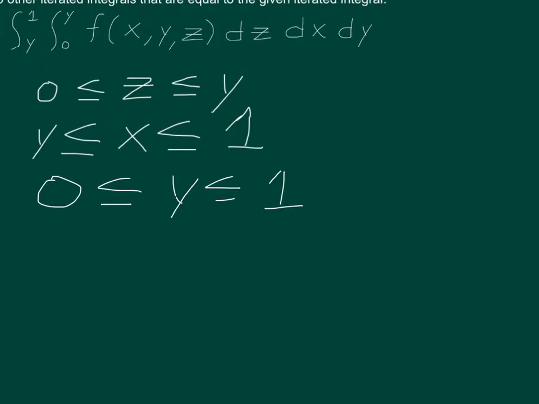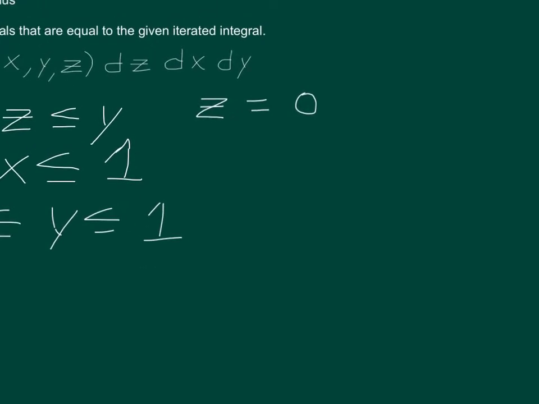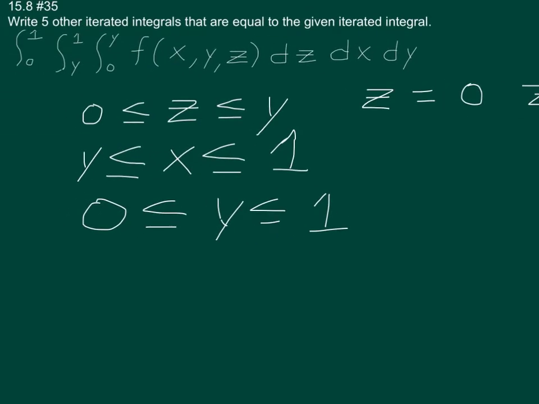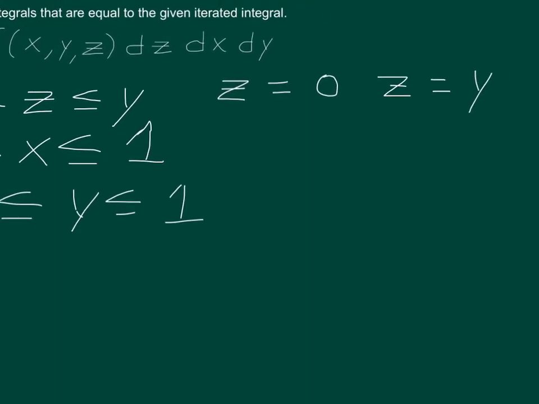So we can say that z at some point is equal to 0, and z also is equal to y. Hope that's kind of clear. I don't want to add any commas or anything. I don't want to make it any more confusing than it may get.